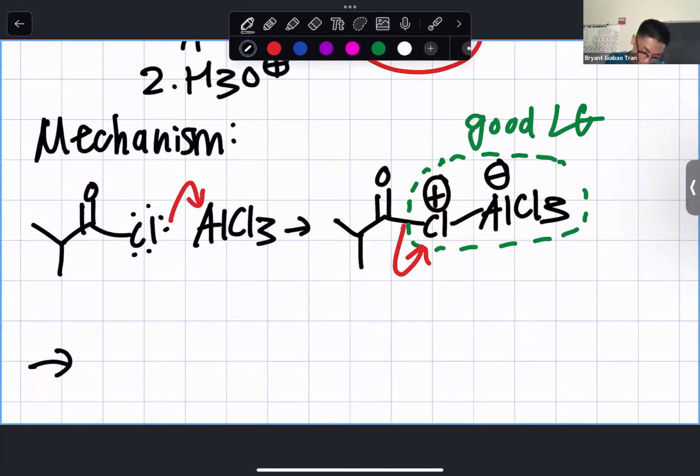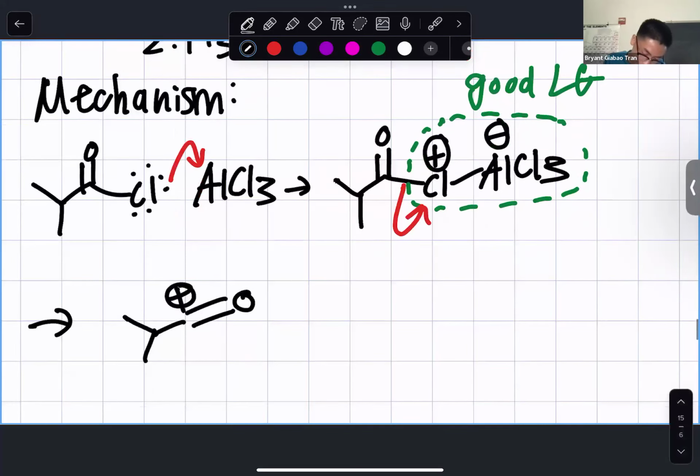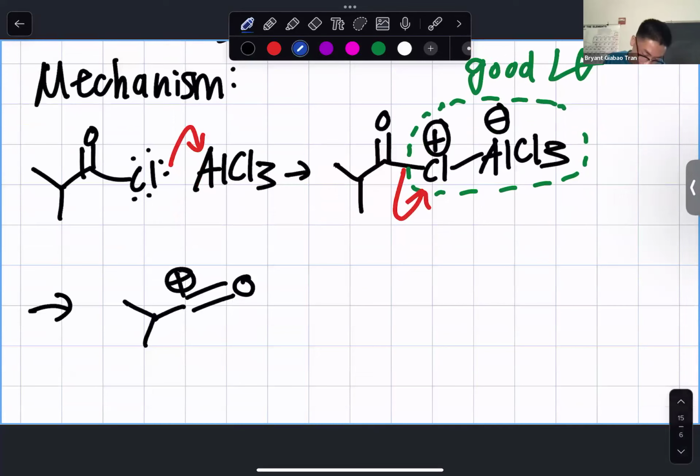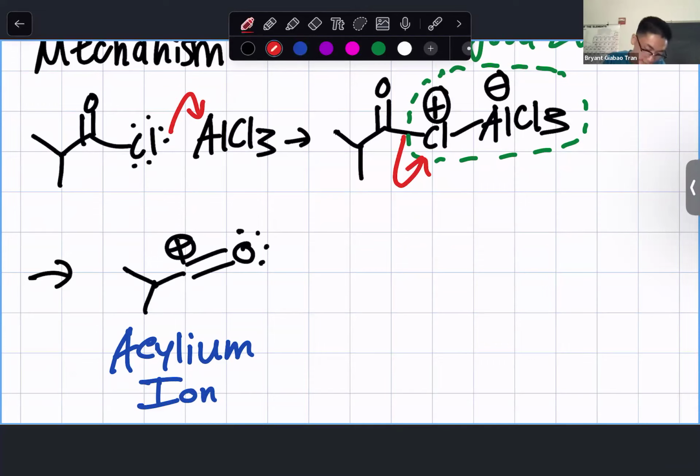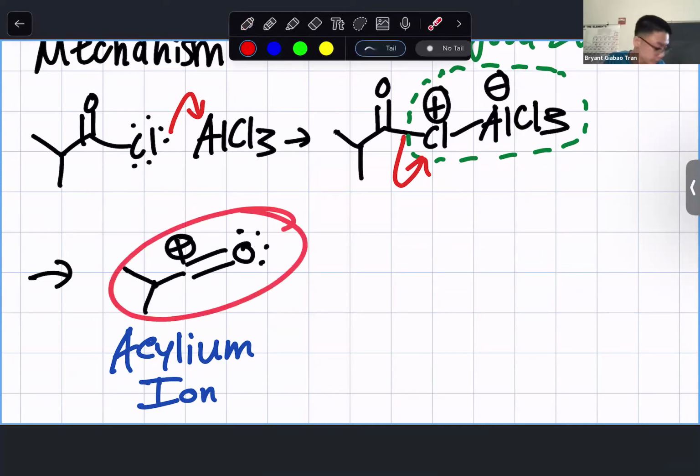And when it leaves by itself, it's going to form, and this is important, what is called an acylium ion. This is actually the minor form of it.